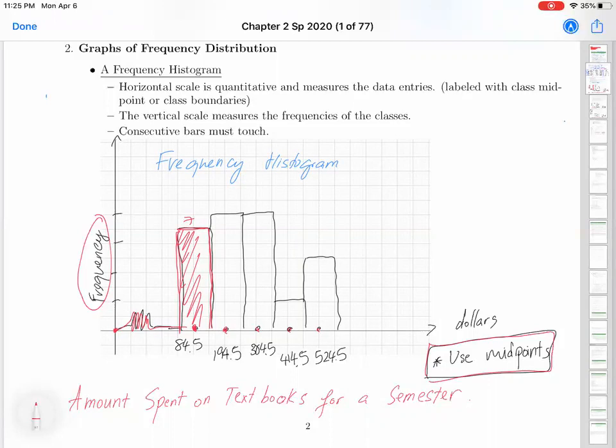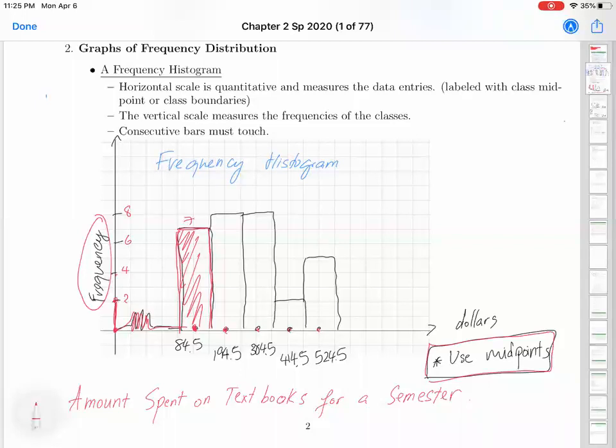And then look at the vertical scale. I have this mark here representing 2, and then 4, 6, and 8. I don't have any broken axis here because the proportion from the origin to 2 is the same as the proportion from 2 to 4, and so on and so forth.